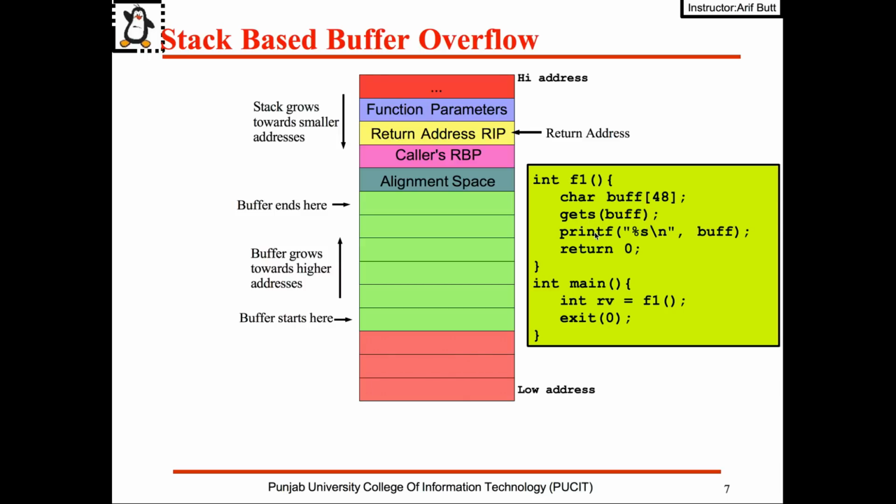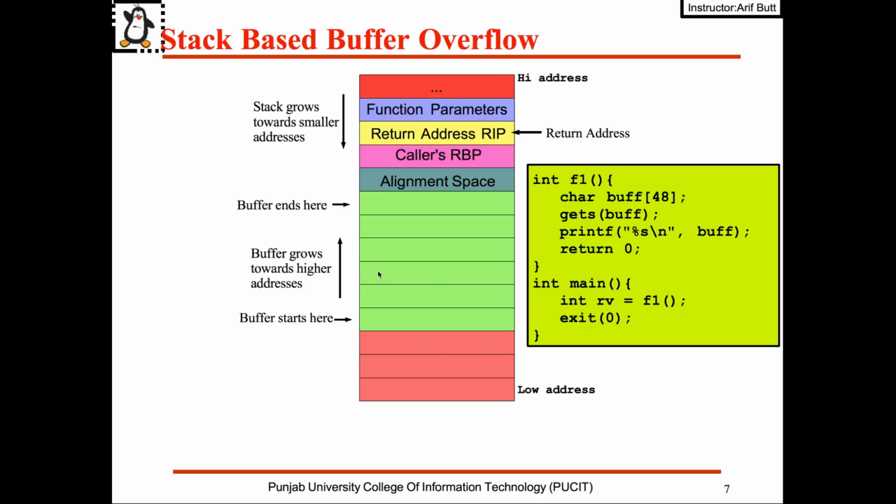Then it prints those characters on standard output, and finally control falls back to the main function. This is the function stack frame or activation record of function f1, containing the function parameters, if any, the return address to the main function, the base pointer of main, maybe some alignment space, and then 48 bytes of memory allocated for the buffer.